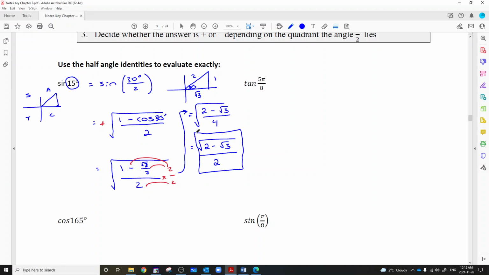Now, something I've been forgetting to mention in these videos is that you can always check to make sure you're right. What we've given is the exact solution, which you can only get if you go through this process. But your calculator is perfectly capable of coming up with a decimal solution. So if I plugged into my calculator, make sure my calculator is in degrees, the sine of 15, I get 0.258819045.